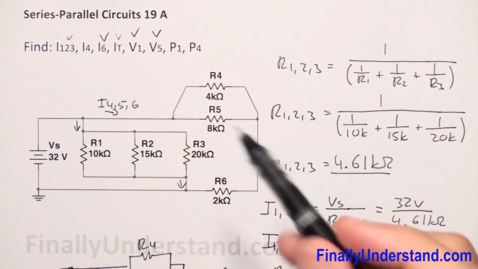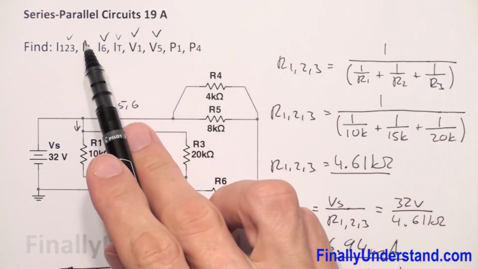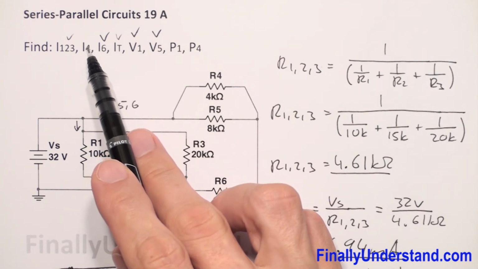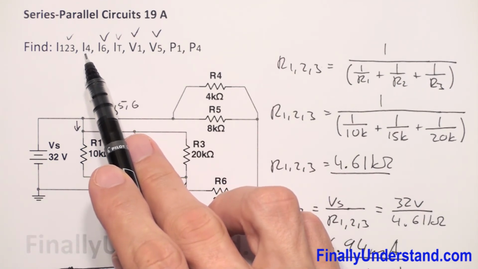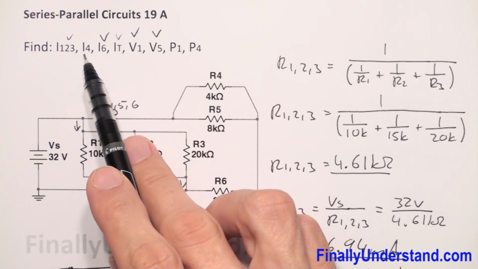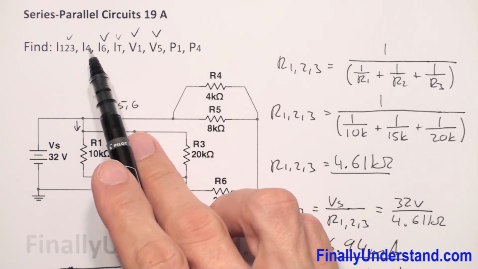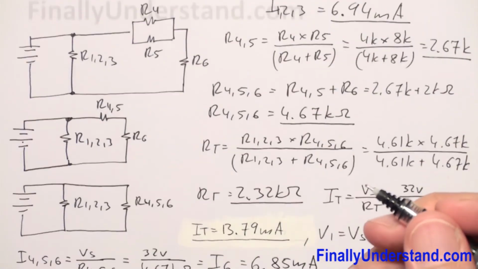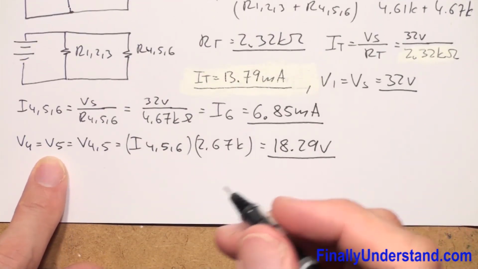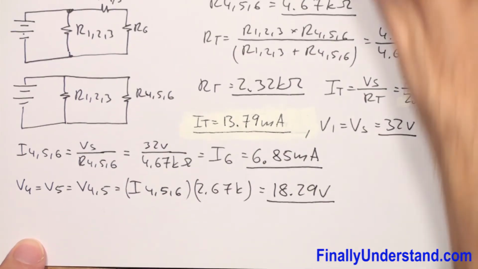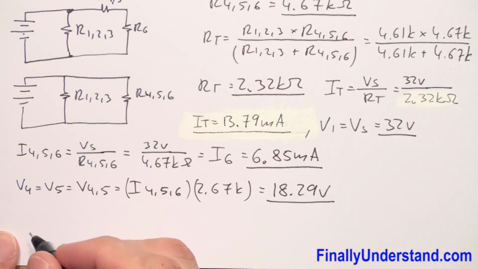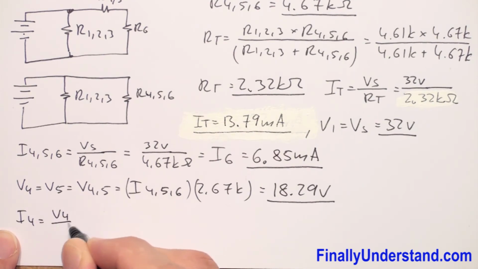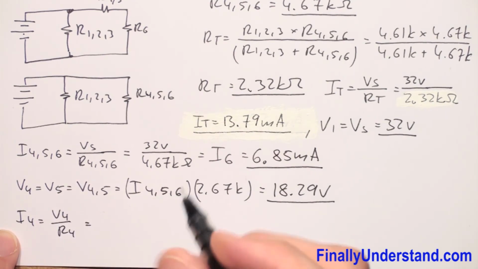So we found V5. Next we're supposed to find the current which goes through resistor R4. We're supposed to find I4. In order to find I4, I'm going to use voltage V4 and resistor R4 and plug them into Ohm's law. So I4 is equal to V4 over R4.